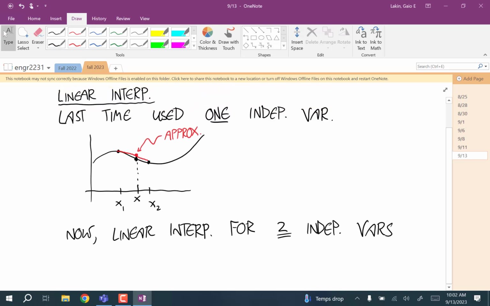And let's think for a second, relating this to properties of materials and thinking about the tables. What are the cases where we're going to use linear interpolation with one independent variable?